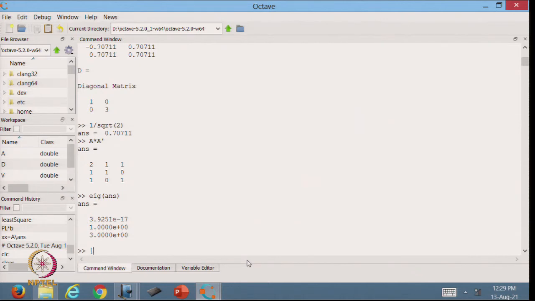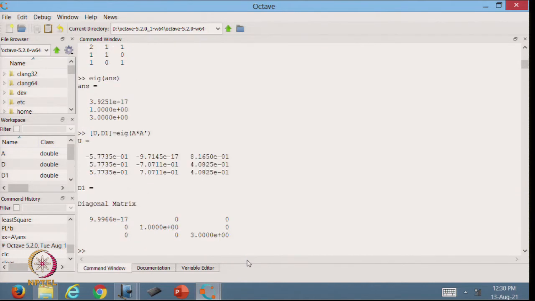Now I can diagonalize this matrix. I will write my U here, and then maybe I can write D1, and that is equal to the eigen of A star A transpose.